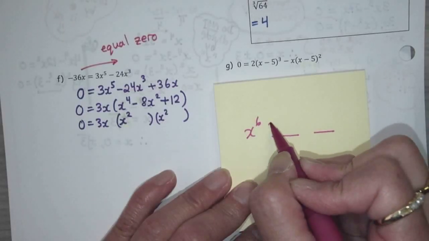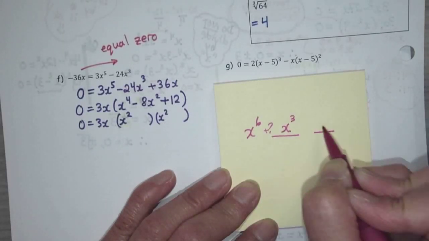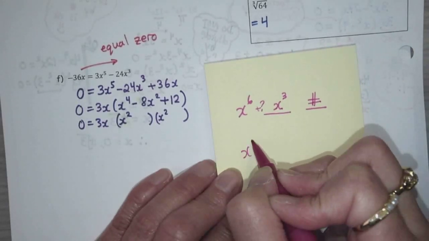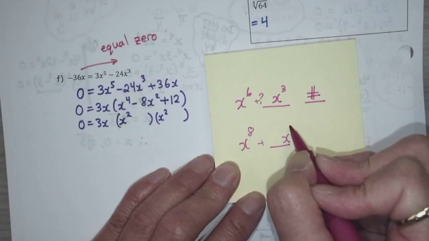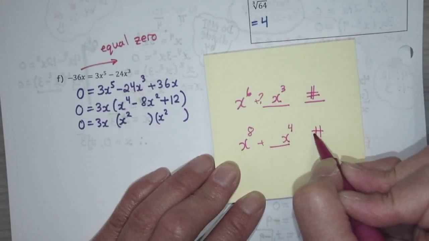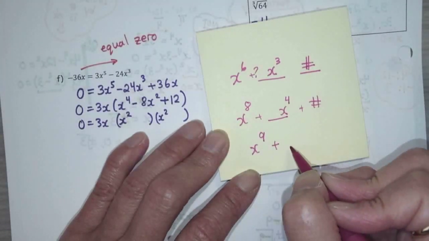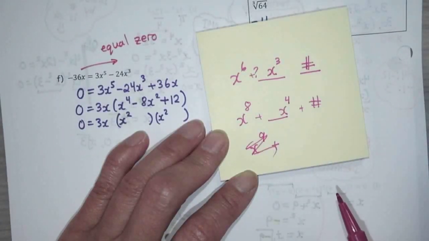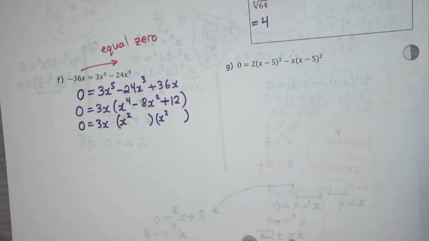Something, right? So plus question mark x to the 3, and then just a number. Does that make sense? So if this was x to the 8, it would be x to the 4 and then some number. So plus some number. If I had x to the 9, no, can't do it. I can't get half of it in the middle, so it won't be able to do it. Okay, so it has to be half. Does that make sense? And then it makes a trinomial. So that's a trinomial. It's just harder to recognize.